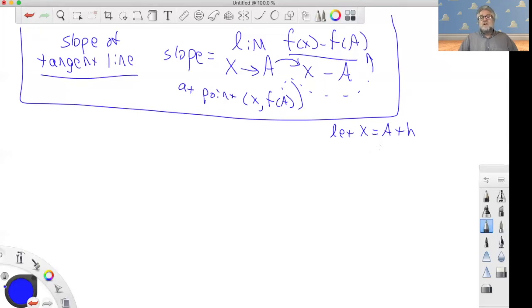And just for fun, if I solve for a here, I'm going to move the h over to the other side, x minus h equals a, right? Okay, so if I plug that into the denominator, well, let's see. So now let's make this substitution. So here's my thing. Limit as x approaches a.